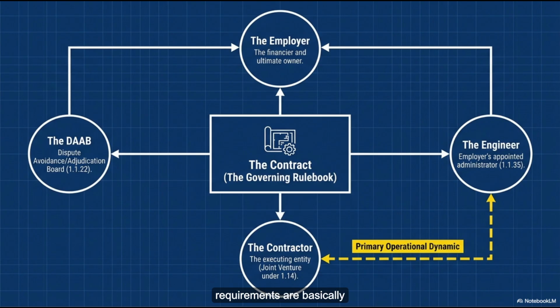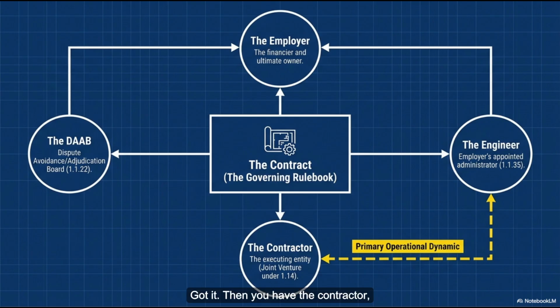Right. And those requirements are basically the ultimate vision board and the boundary lines for the project. Like the wish list. Yeah, but a very strict wish list. The employer defines the purpose, the scope, the specific design criteria. They're declaring, we need a dam, it must generate exactly this many megawatts, and it must survive a once-in-a-century earthquake.